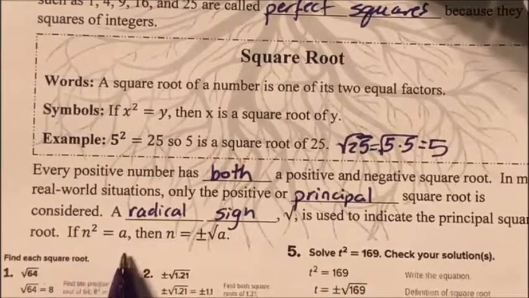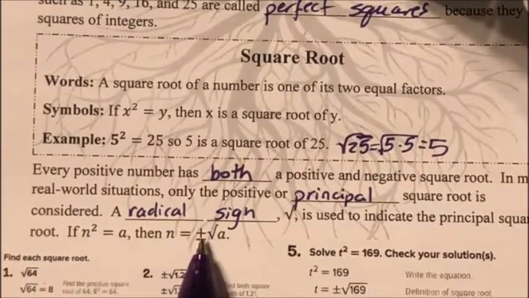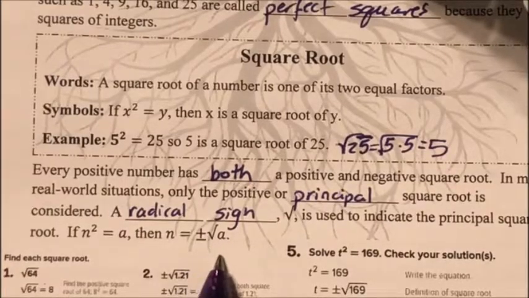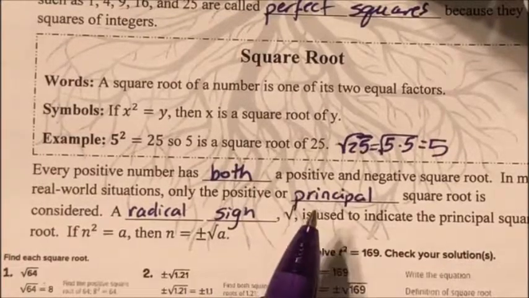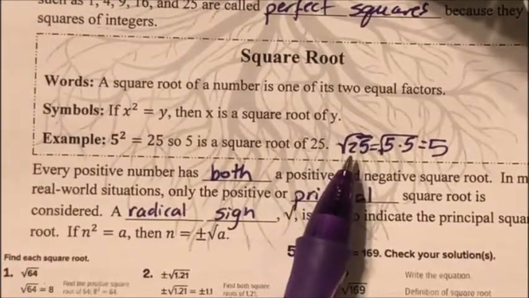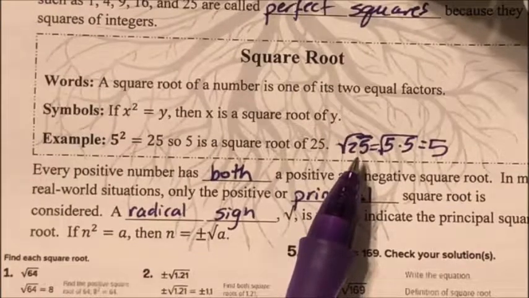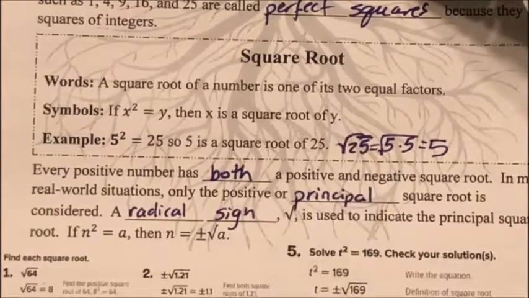So if n squared equals a, then n equals plus minus the square root of a. Okay? So that means they can have both a positive and a negative, because technically negative 5 times negative 5 would give you 25. Okay? So that's why we're using pluses and minuses. All right? So that's why we're using positive and negative.